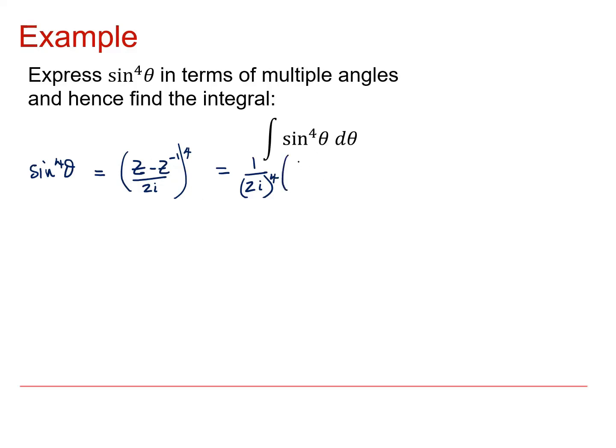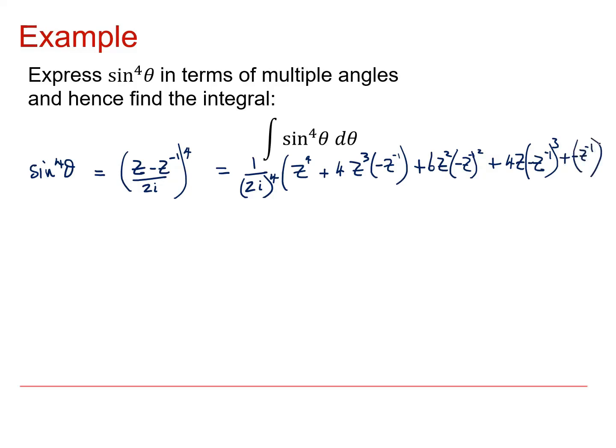I'm going to get a z to the 4, plus 4 lots of z cubed times minus z to the minus 1, plus 6 lots of z squared times minus z to the minus 1 squared, plus 4 lots of z times minus z to the minus 1 cubed, plus minus z to the minus 1 to the power 4.